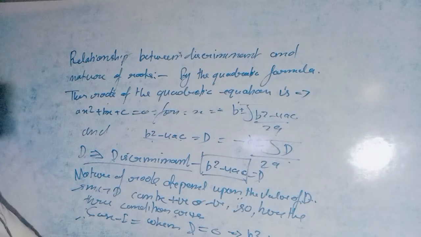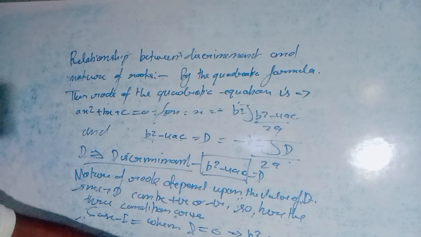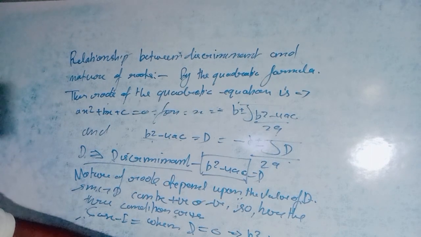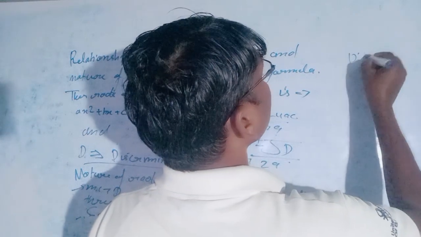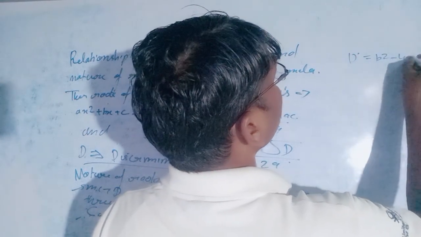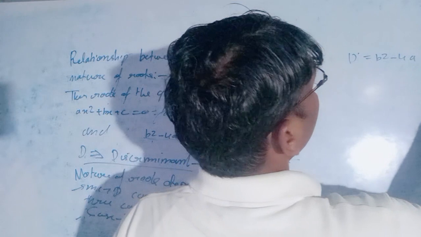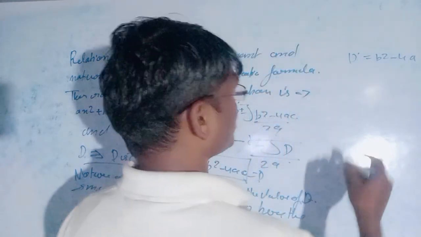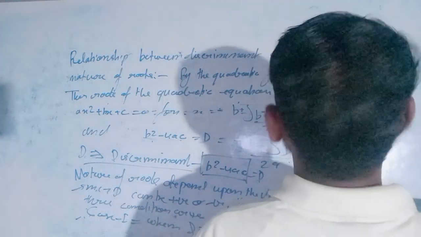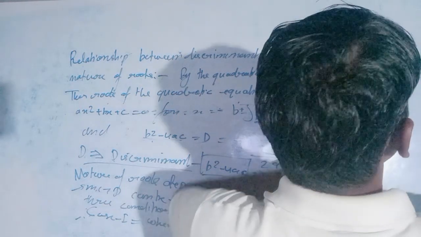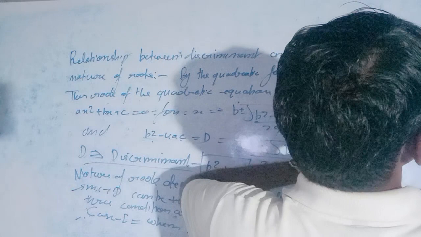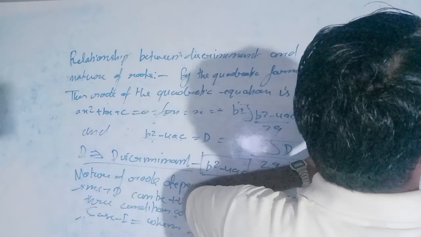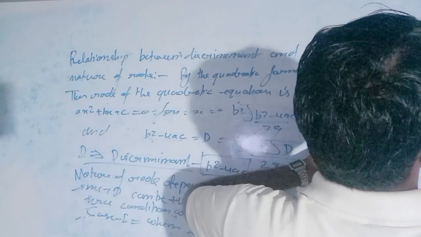So D is equal to b² − 4ac, and x is equal to (−b ± √D) / 2a.